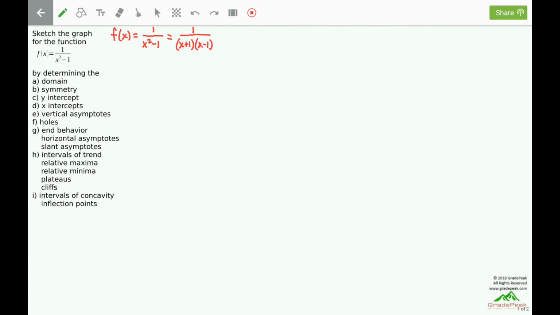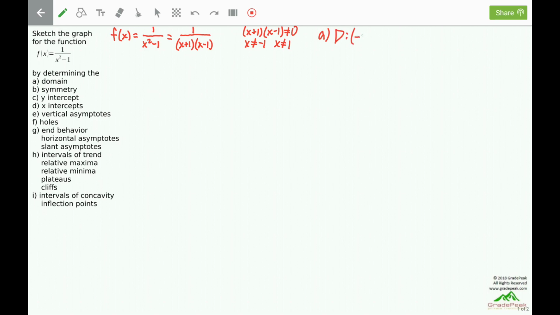The domain requires that the denominator cannot equal 0. So x plus 1 times x minus 1 cannot equal 0. Since it's factored, we can see from the x plus 1 factor that x cannot equal negative 1, and from the x minus 1 factor, x cannot equal positive 1. So for part A, the domain will be all real numbers except negative 1 and positive 1.